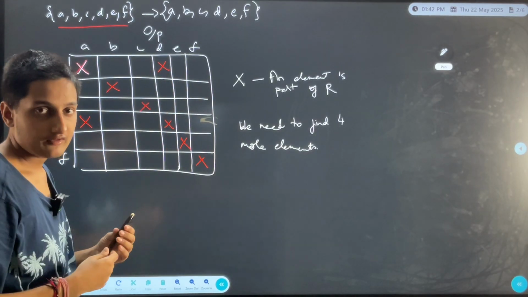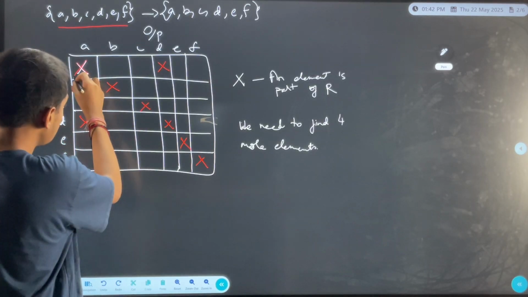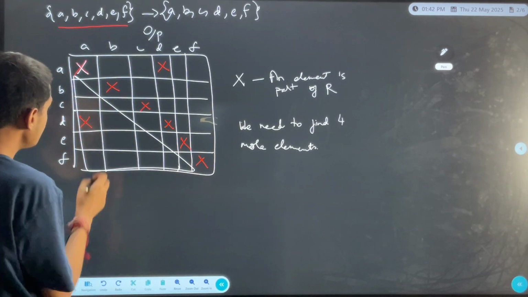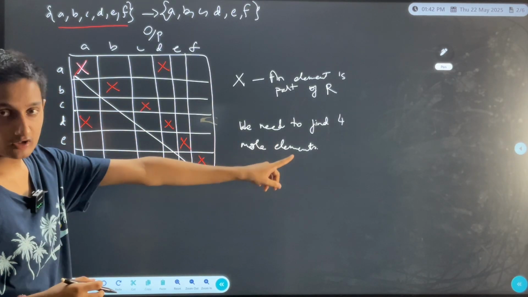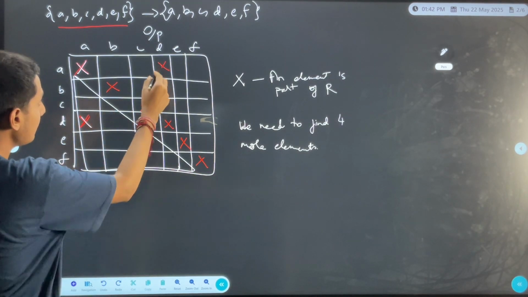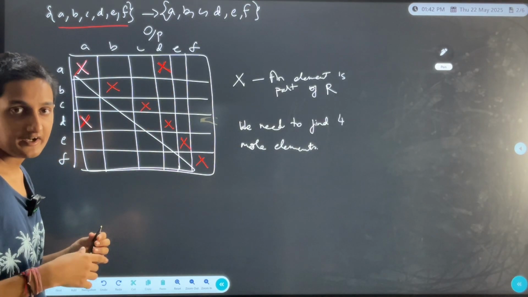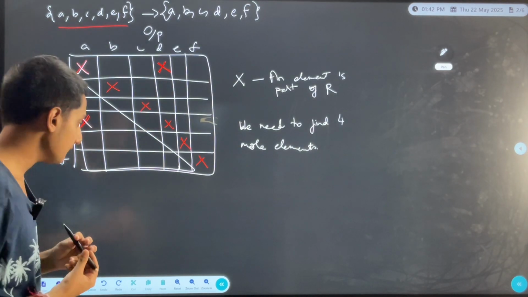What I mean to say is that I only need to find 2 elements in the bottom half of the table in order to find a total of 10 elements, as if I find any one element, then automatically in the top half the symmetrically opposite element will be included.